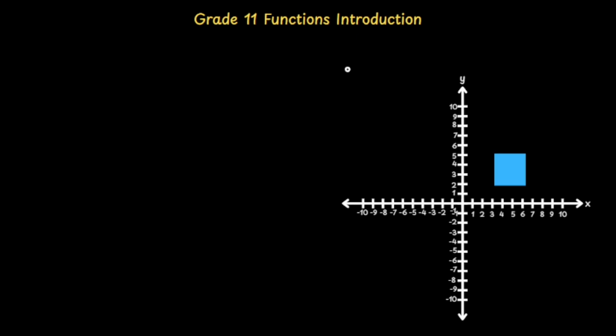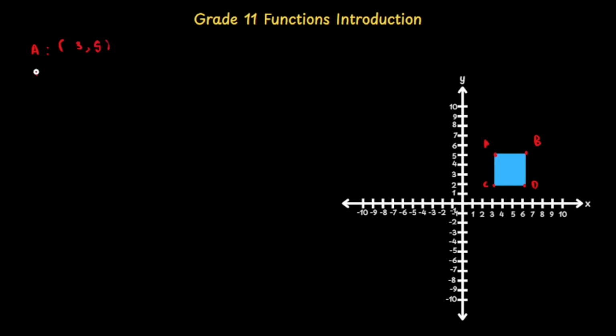Looking at your screen right now, you can see that I have a little blue square on a rather large Cartesian plane. I'm going to define each corner of this square. The square has four corners. Corner A has an x value of 3 and a corresponding y value of 5.